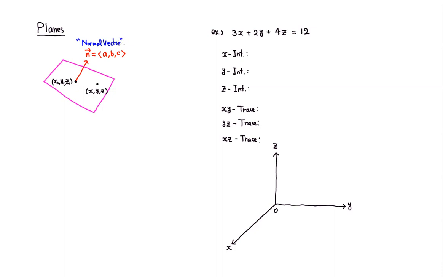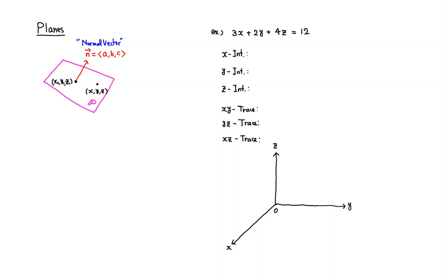So we're going to try to create a vector. I'm going to pick an arbitrary point on the plane, x, y, z, sitting on this plane P. What we want is the equation that satisfies every single point on that plane.